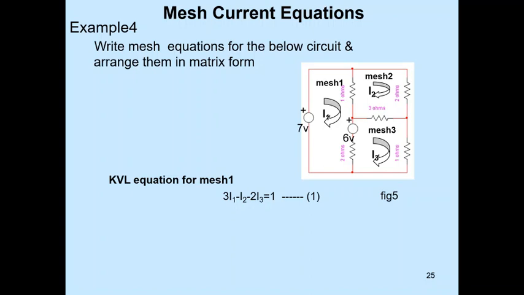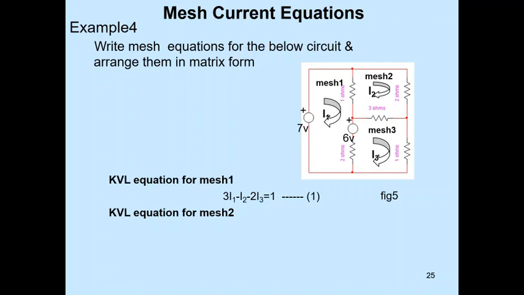This is the first equation. Again I am explaining the mesh 1 equation. The current in 1 ohm is I1 minus I2 and the current in 2 ohms is I1 minus I3. So 7 minus 6 is equal to (I1 minus I2) into 1 ohm plus (I1 minus I3) into 2 ohms. By rearranging, we get 3I1 minus I2 minus 2I3 is equal to 1.